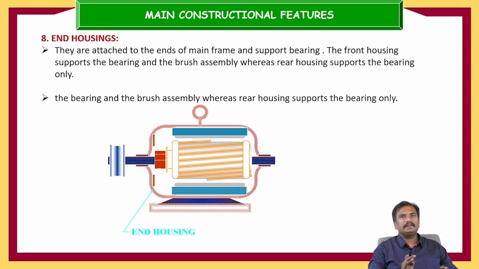End housings. Here the end housings are used to close the two sides of the machine. They are attached to the ends of the mainframe and support the bearings.